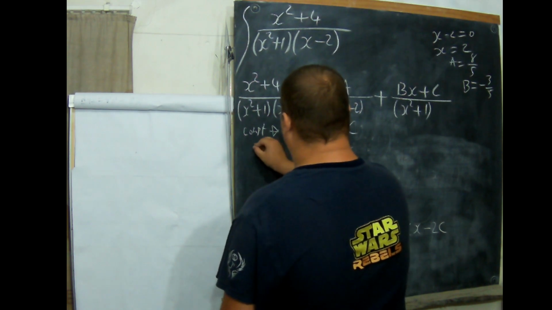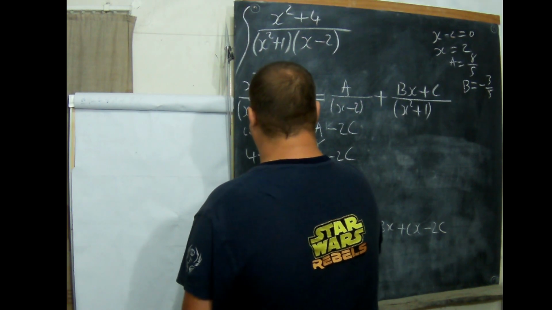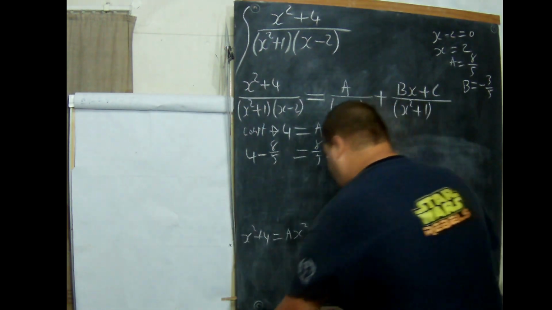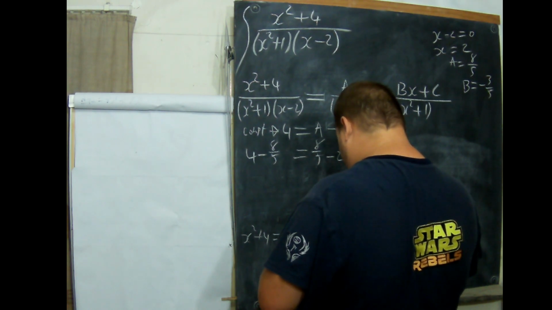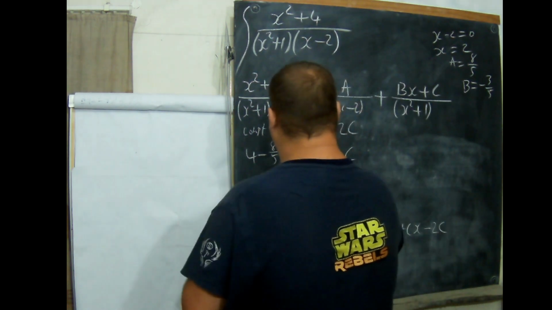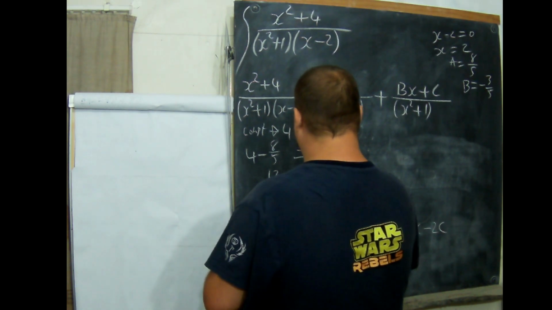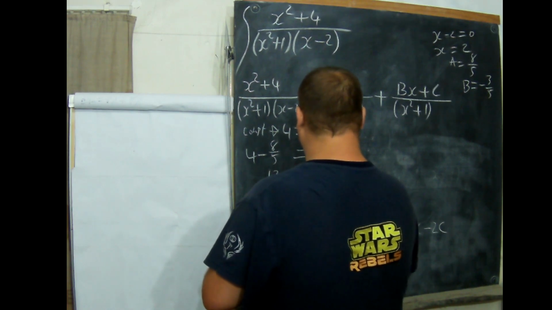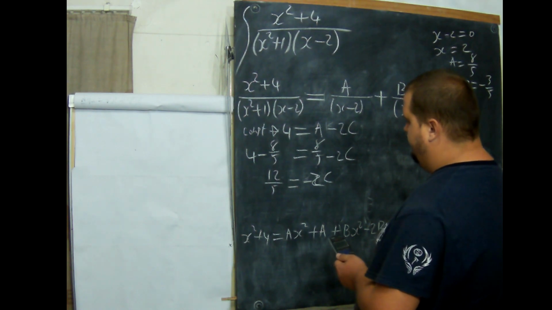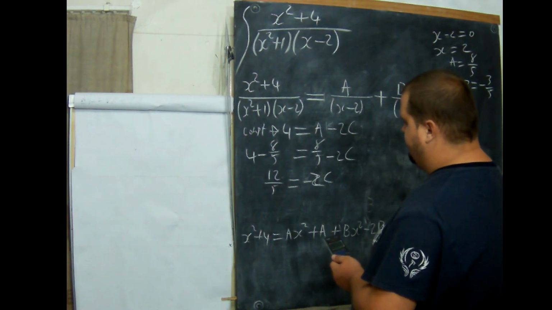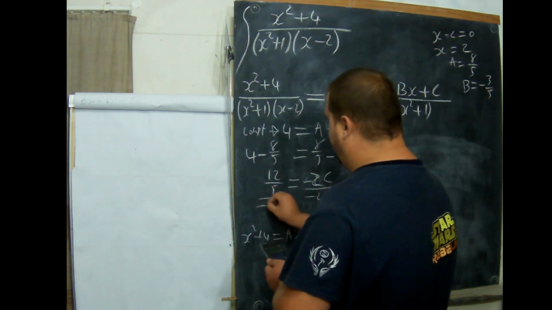So 4 minus 8 over 5. 4 minus 8 over 5 is 12 over 5 equals minus 2c. So, now we divide by minus 2.